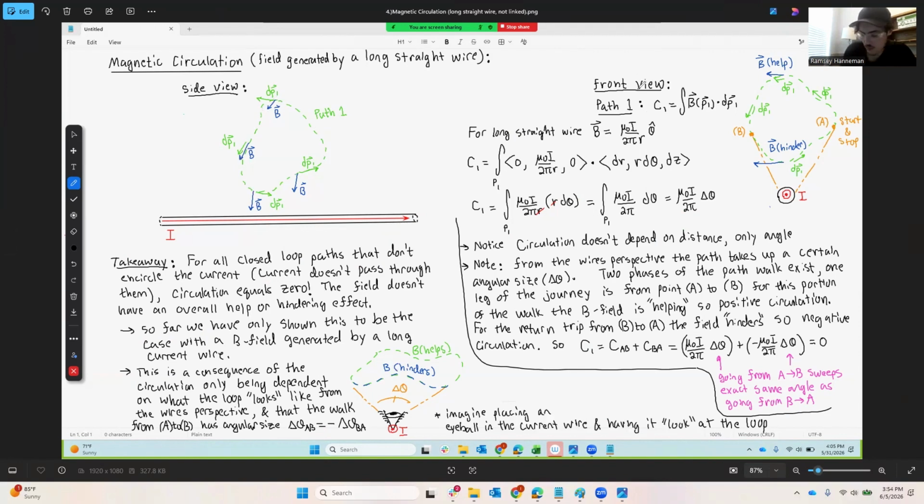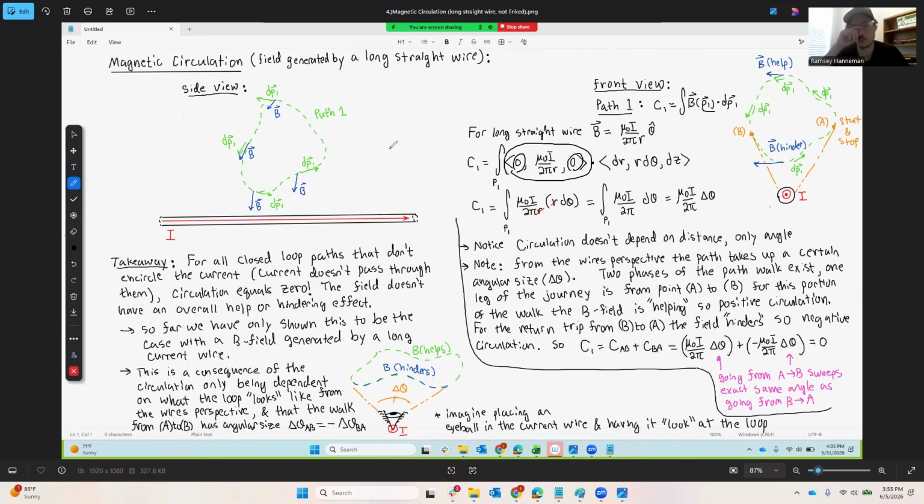And we're going to do some of the calculus now. We know we can find the total circulation for that path by taking the B field at every point on the path and dotting it with the step that we're taking at that particular point on the path. So now we're going to put the mechanics of the dot product to use here. We know that the B field caused by a long straight wire has no z component and no r component, because it curls around the wire azimuthally.